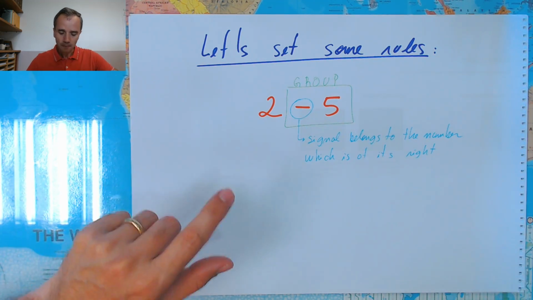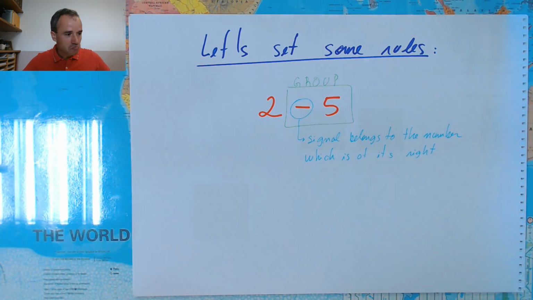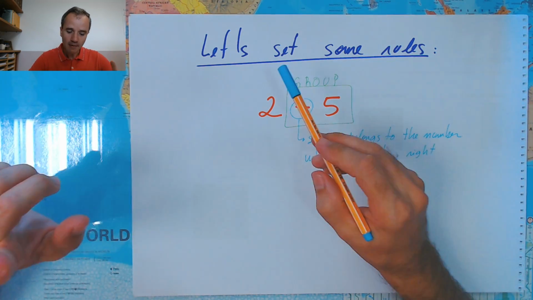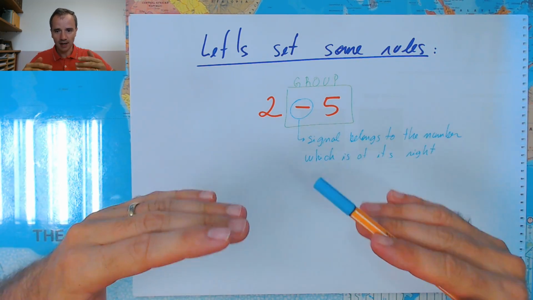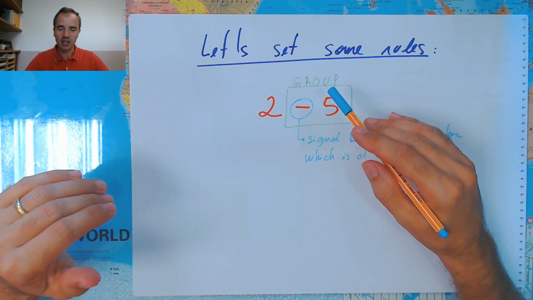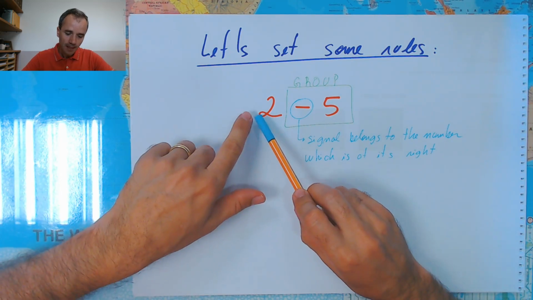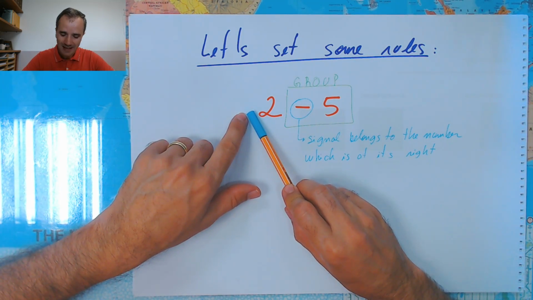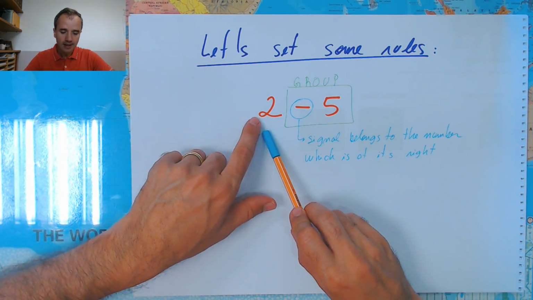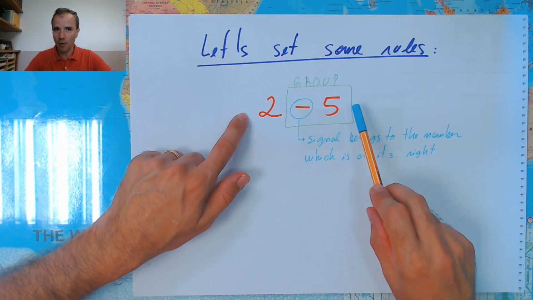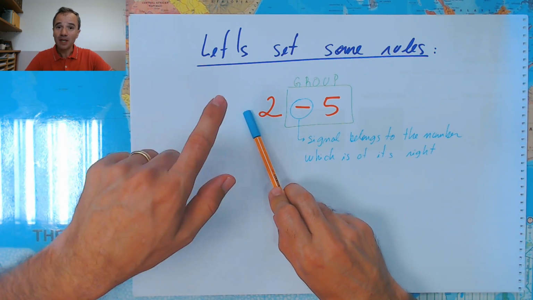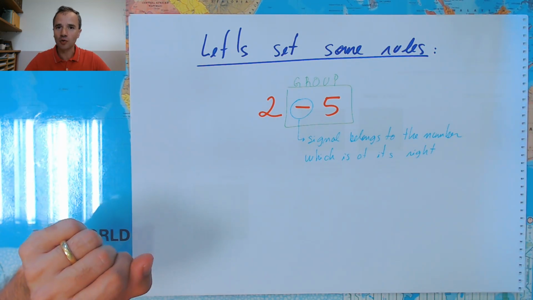Okay, now what is the signal for the 2? Well, there is something, and there is more than one step in this reasoning here. When the signal is positive and there is nothing before it, like we are just starting the equation, and if it's positive, we don't have to write it.